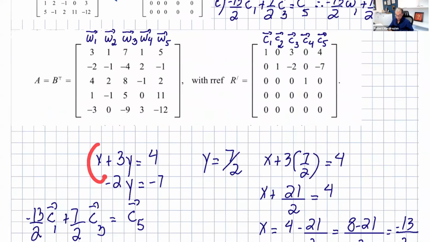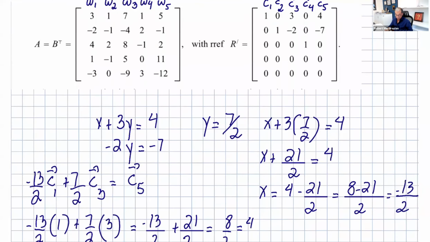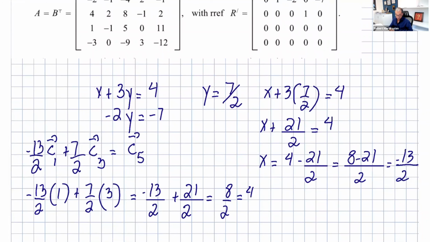For C1 and C3, you can say x plus 3y equals 4, and negative 2y equals negative 7, and just solve for x and y. You're going to get x is negative 13 over 2 and y is 7 over 2. So negative 13 over 2 times C1 plus 7 over 2 times C3 gives C5. You can try that, it will work.